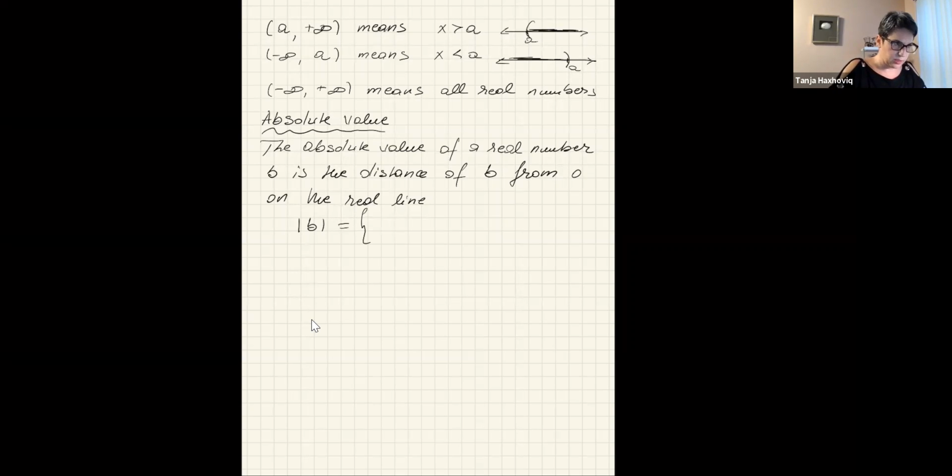The absolute value of b is defined to be just the number b itself, if the number b inside those absolute value signs is positive, and is minus b if the number is negative.